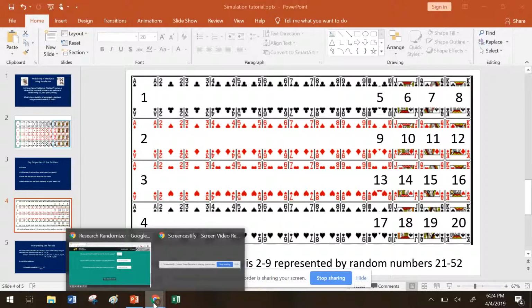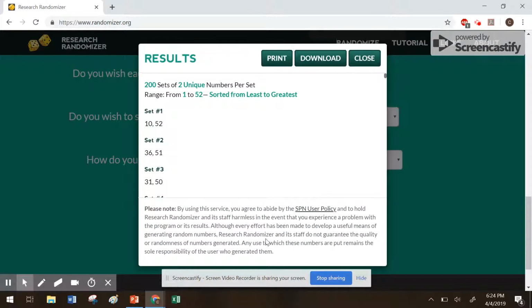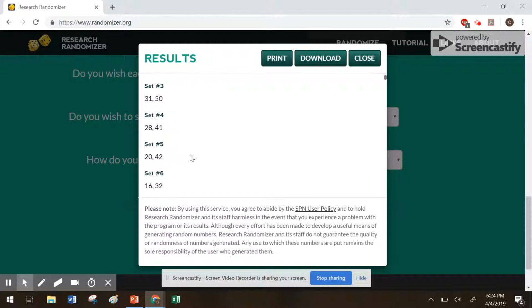Okay, so let's go back and actually do the randomizations. As desired, I have 2 cards in each set. And remember, I'm looking for specifically the first number to be an ace. So 1, 2, 3, or 4. Scroll till I find one of those. Okay, so here we go. 2. That's an ace.